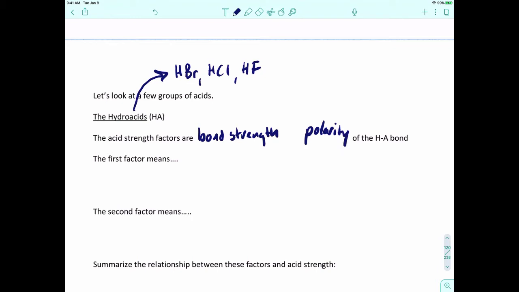Okay, now bond strength, what that means is that we're looking at the enthalpy for the bond, the H-A bond, the acid hydrogen bond to break.